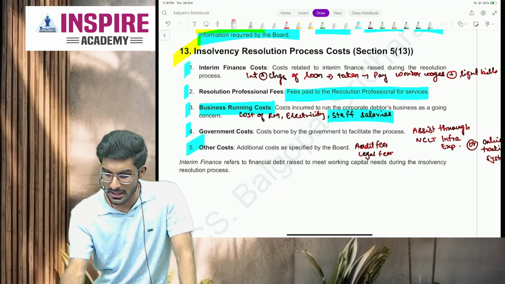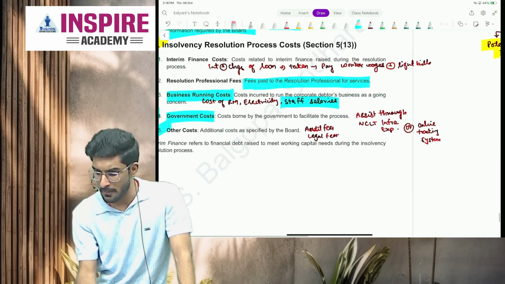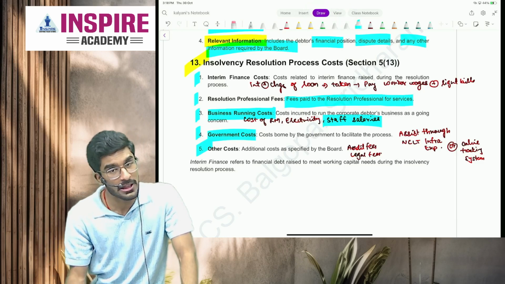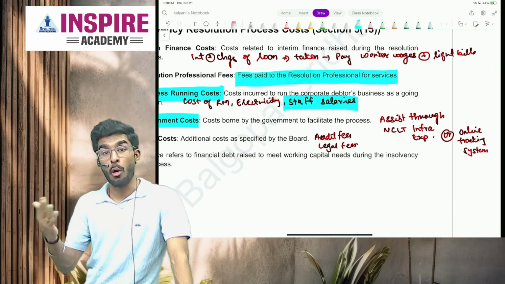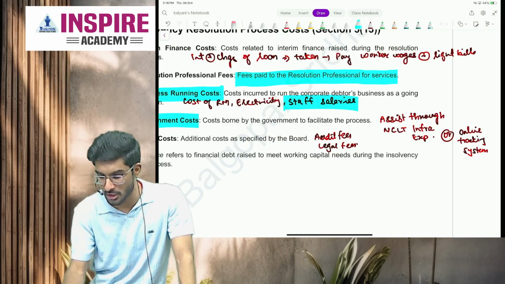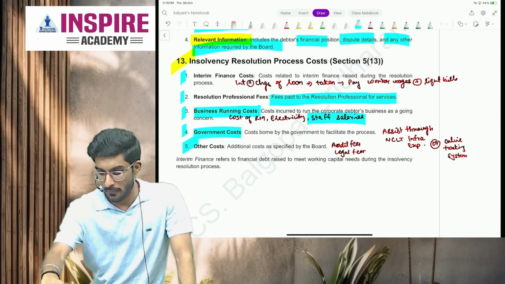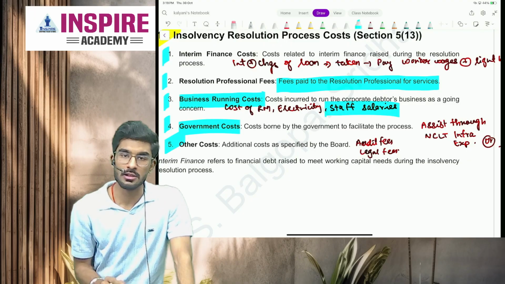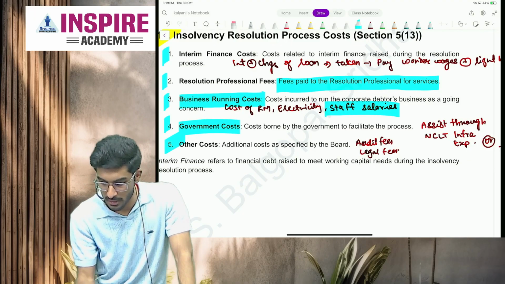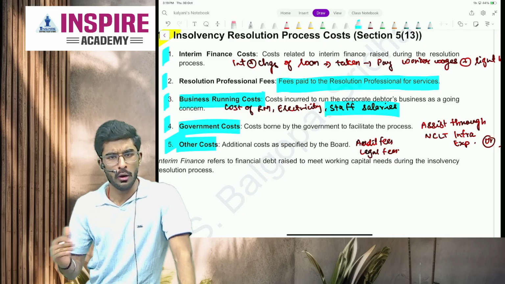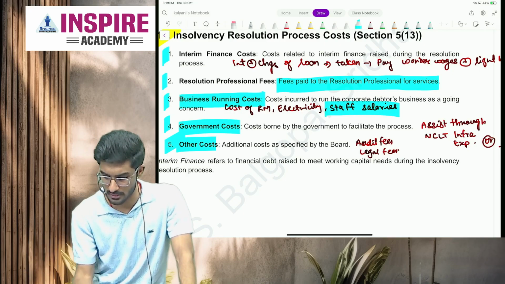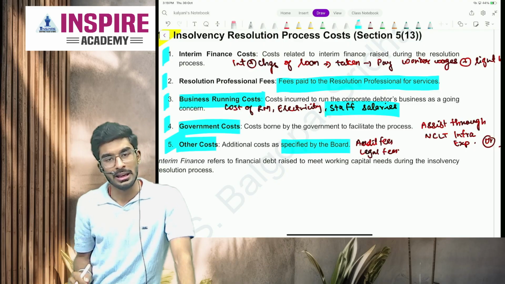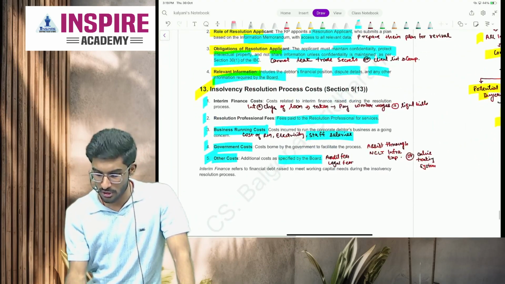If the government is assisting the corporate debtor in any manner, like providing NCLT infrastructure or an online tracking system for the application, the charges will be paid to the central government, and it will again come under insolvency resolution process cost. And last is other costs: audit fees, legal fees, and all expenses as specified by the Insolvency and Bankruptcy Board of India will come under insolvency resolution process cost.